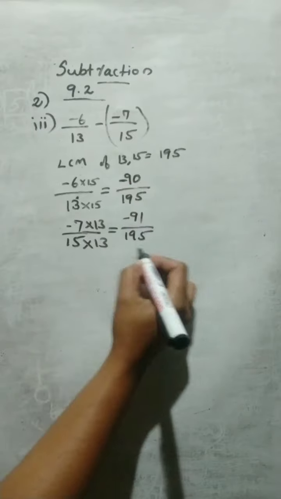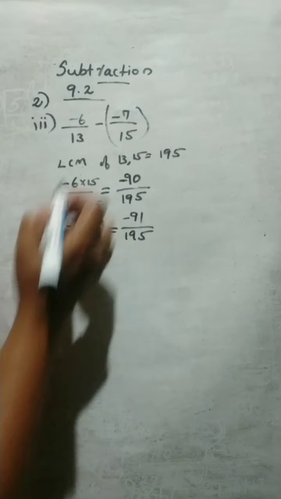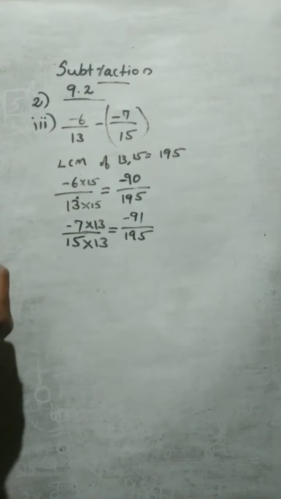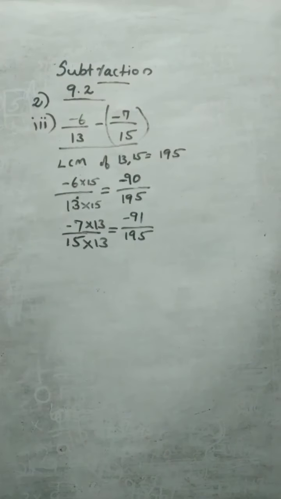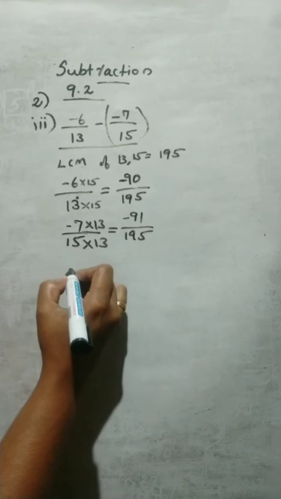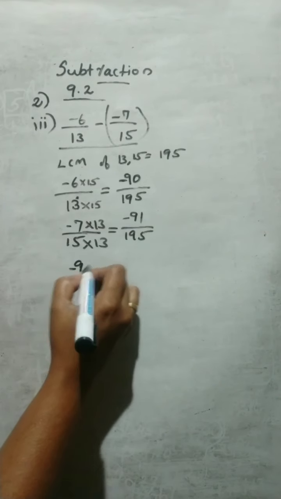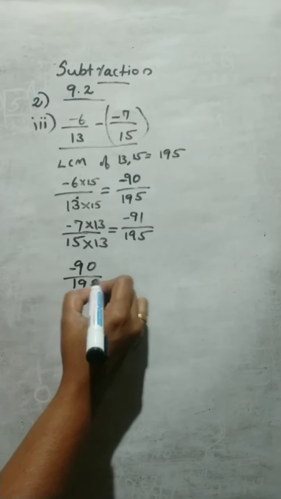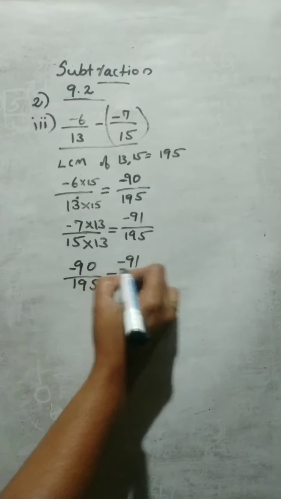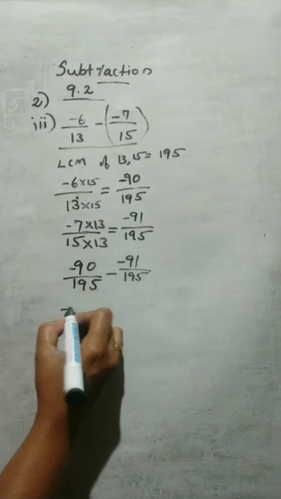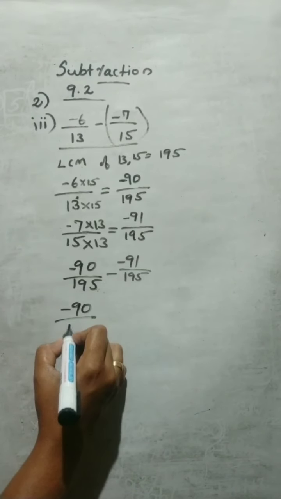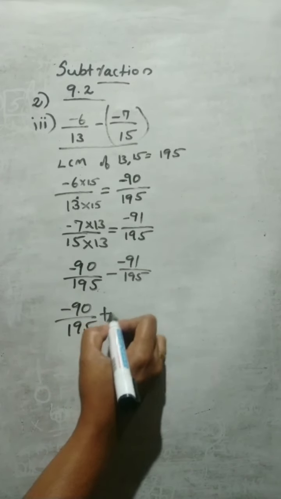So we can consider these two rational numbers for the first two questions. Then that is equal to negative 90/195 minus negative 91/195. We can find the additive inverse and add it.